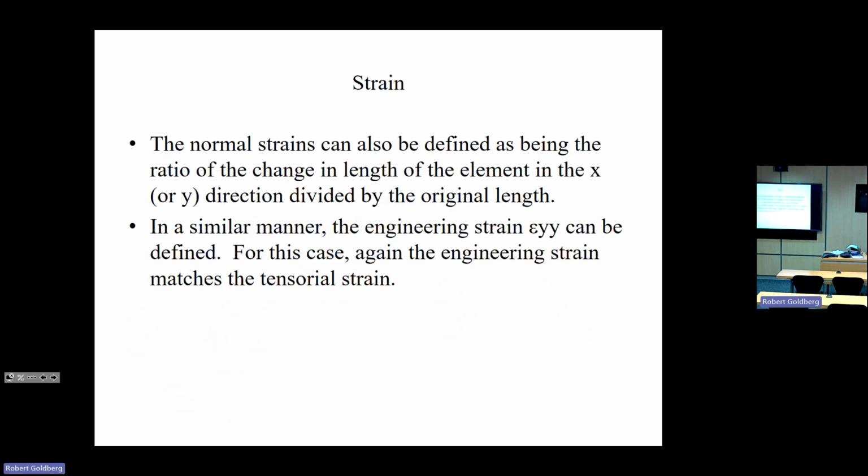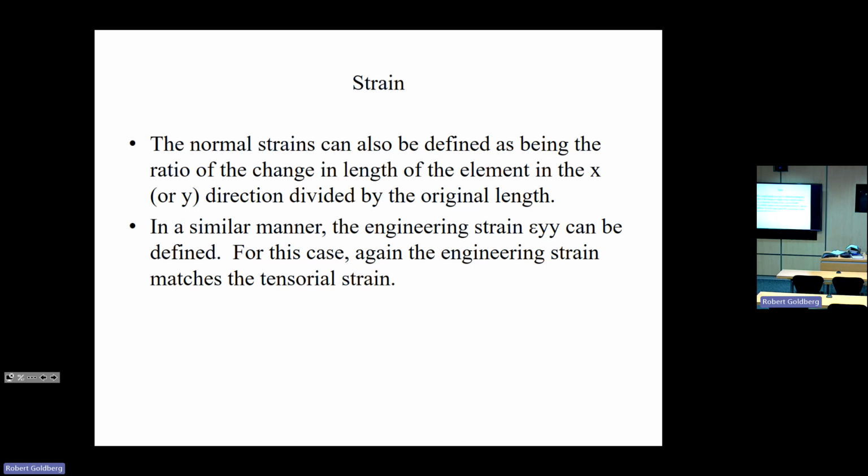Now where things get tricky is, similarly, the normal strains can also be defined as the ratio of the change in length in the x or y direction divided by the original length, which is the classic definition that you learned in strength of materials.